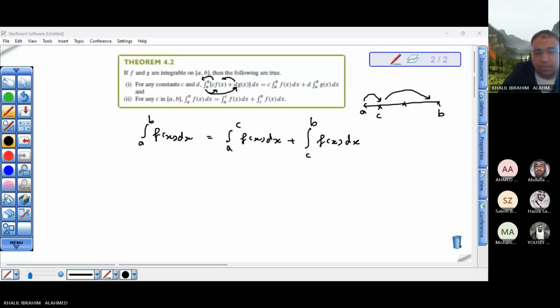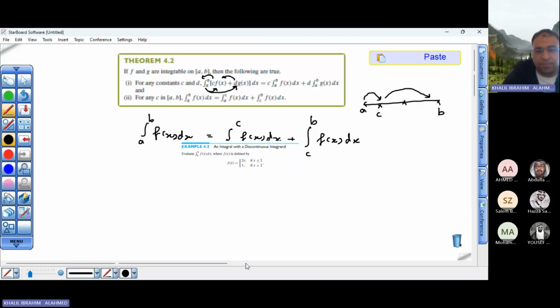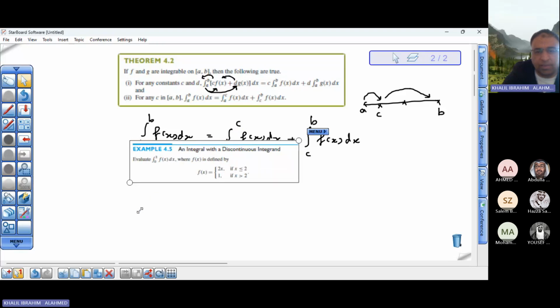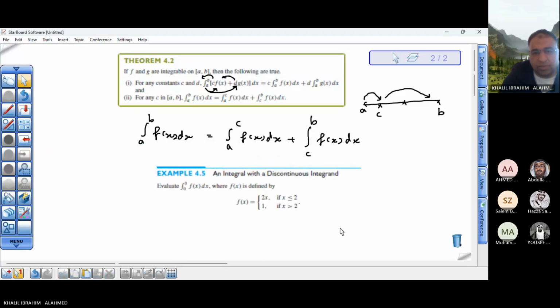For example, as you see in this example, I will show you how to use this, example 4 in your book. How to evaluate the integral from 0 to 3 of f of x dx, where f of x is defined by f of x equals 2x if x is less than or equal to 2, and equals 1 if x is more than 2.